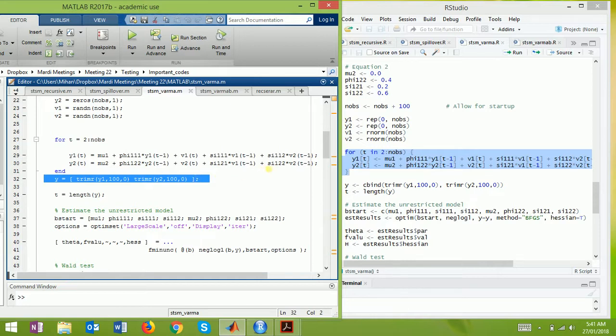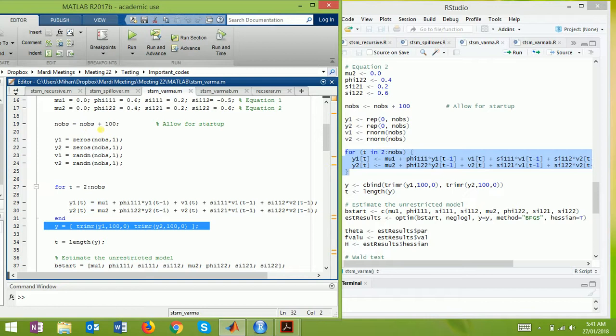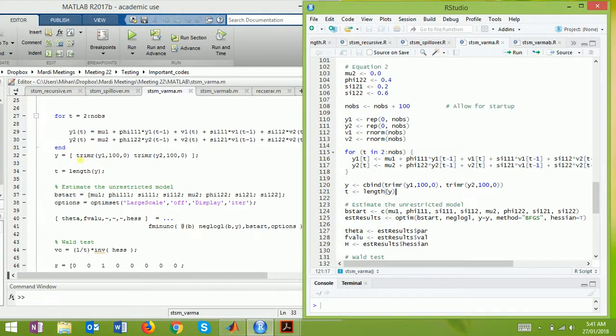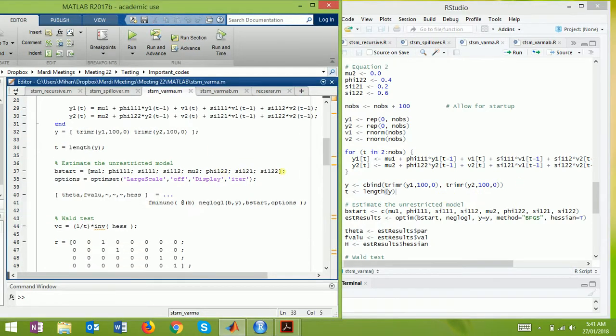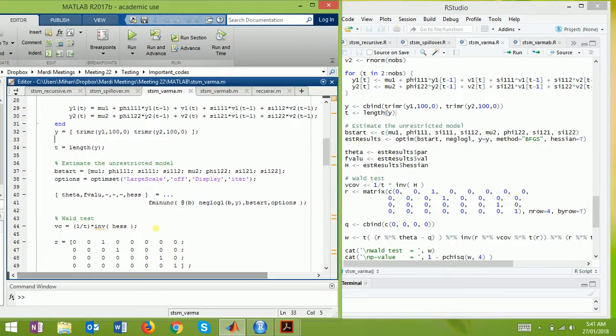Then we trim the first 100 observations, because we created another additional 100 observations. So t equals length of y, and y is a matrix, so we column bind both of these equations. Now we estimate the restricted and unrestricted model with maximum likelihood estimation.